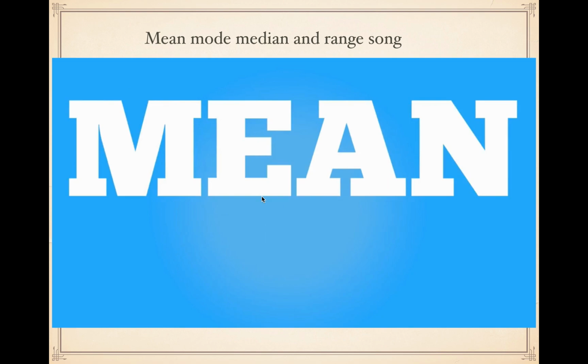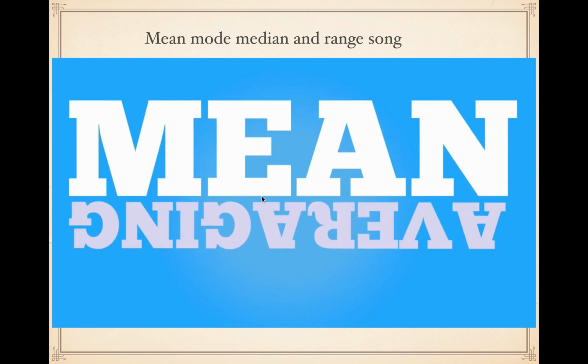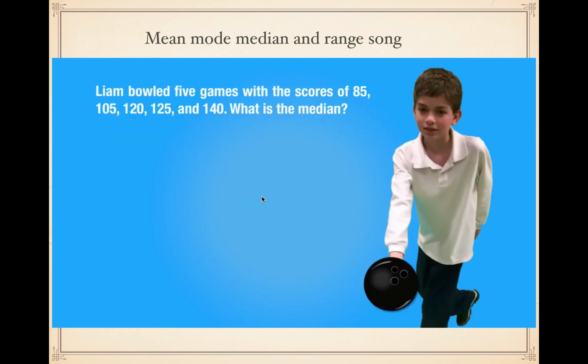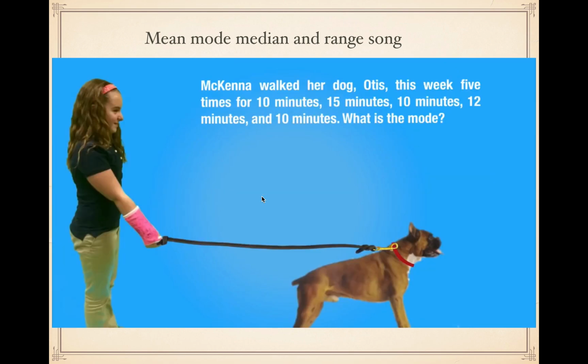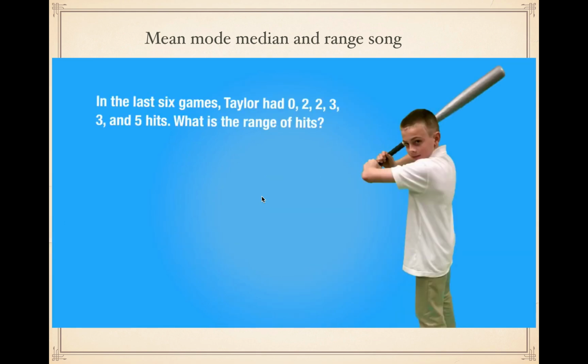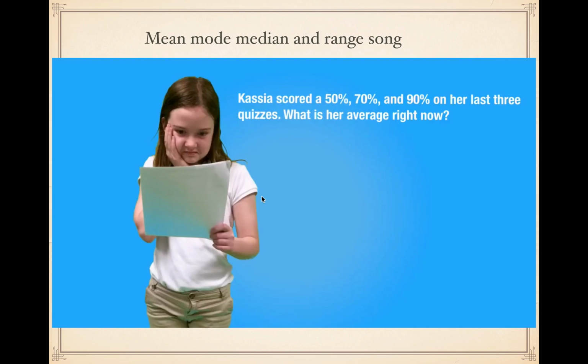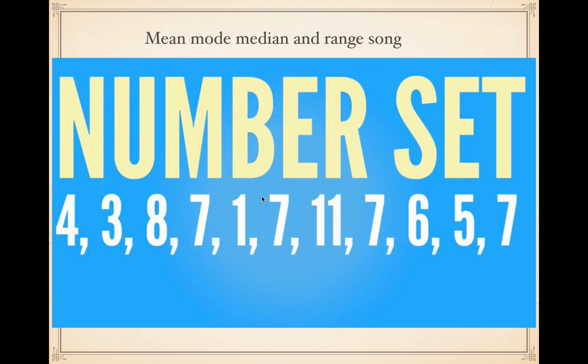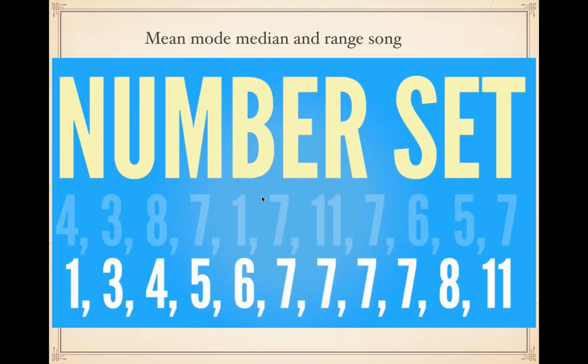The mean is just another way of averaging. The first thing you do when you get that number set, you order least to greatest before you forget.